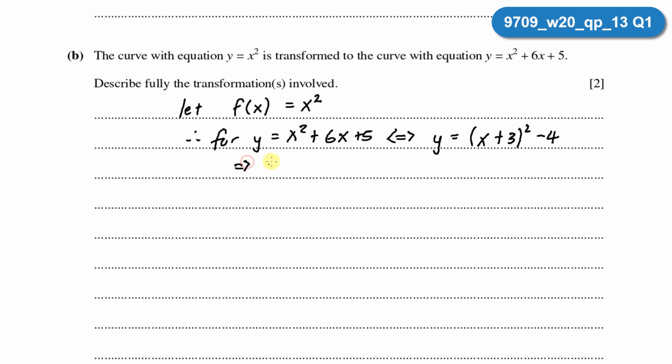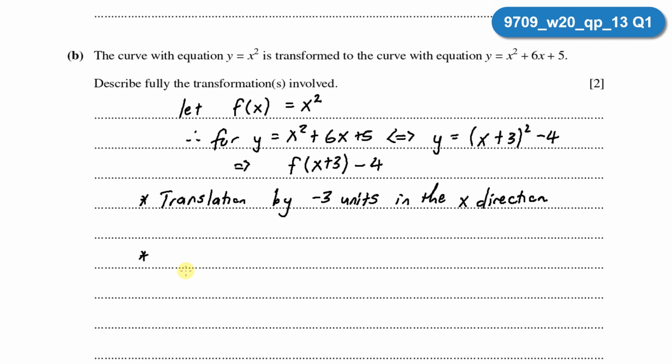So we can say that for x plus 3 squared minus 4, in function notation, we can write that as f of x plus 3 minus 4. So we now have the equation y is equal to x squared plus 6x plus 5 in function notation as f of x plus 3 minus 4. So now that we have it this way, we can now say this part represents a translation by minus 3 units in the x direction.